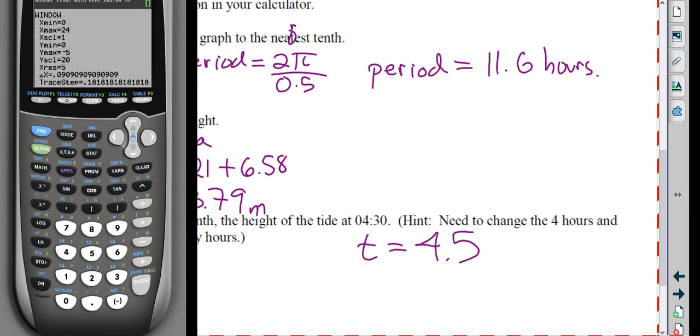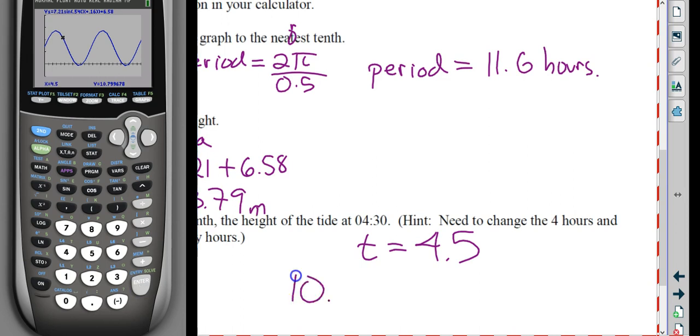Oh, I got a scale of 20. Oh, okay, sorry. Y min: -5 to 20 by 5s. Okay, second calc value, 4.5. So 10.8 meters. If you can do stuff on your calculator, nobody cares.